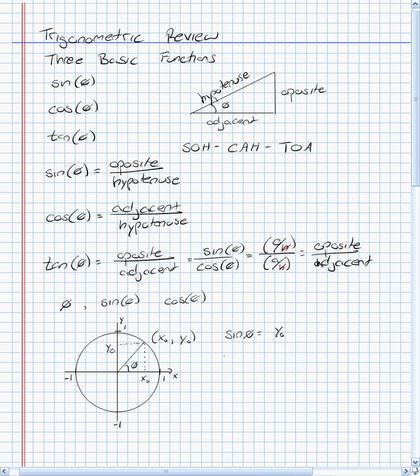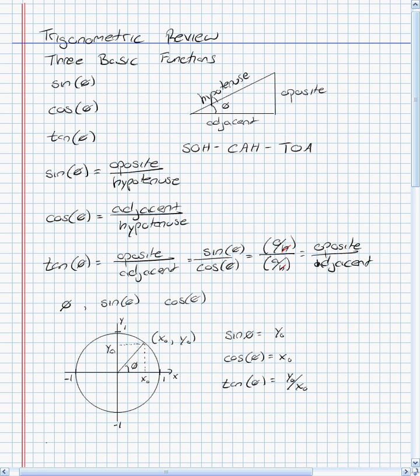So sine theta is equal to y0. The cosine of theta is equal to x0. And the tangent of theta is equal to y0 over x0.